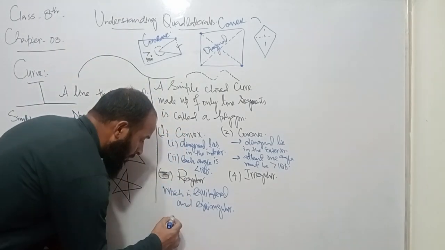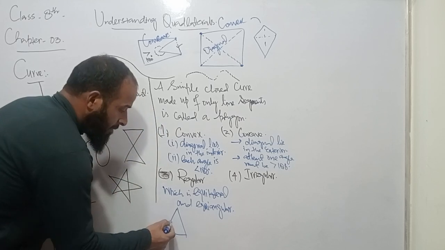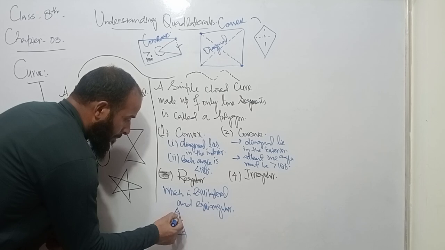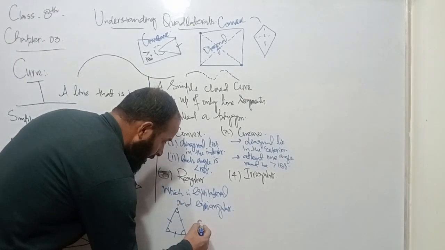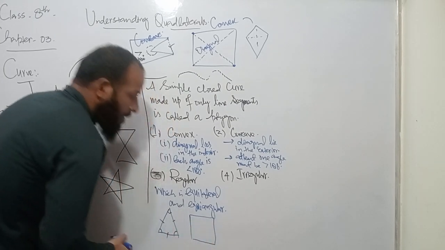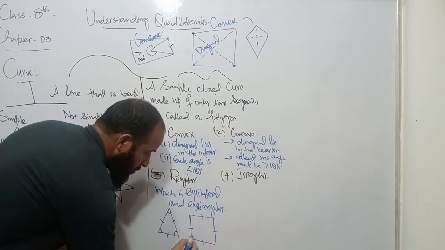For example, if we take an equilateral triangle in which all the sides are equal and also all the angles are equal, this is a regular polygon. Likewise, if we take a four-sided figure with equal sides, it is known as a square.